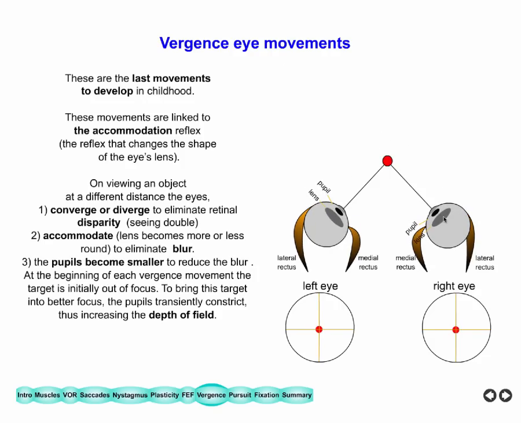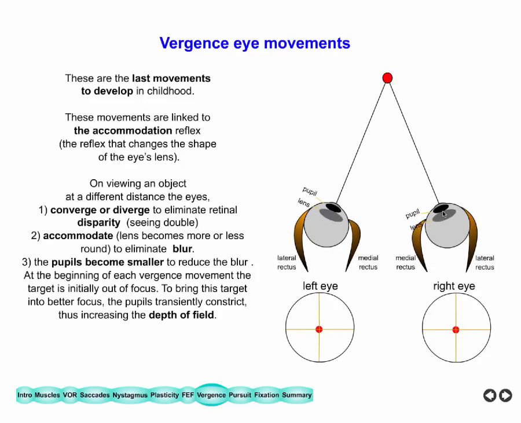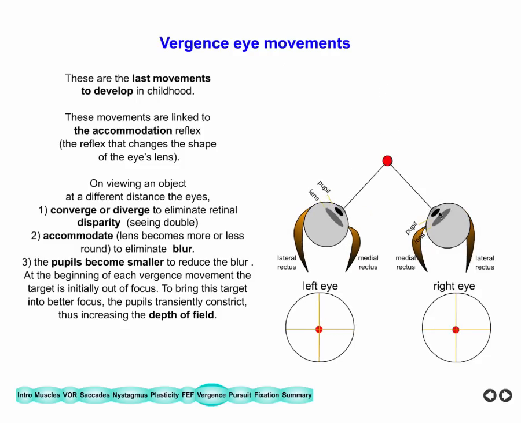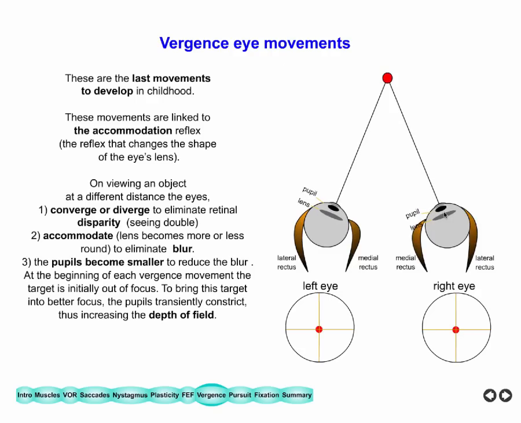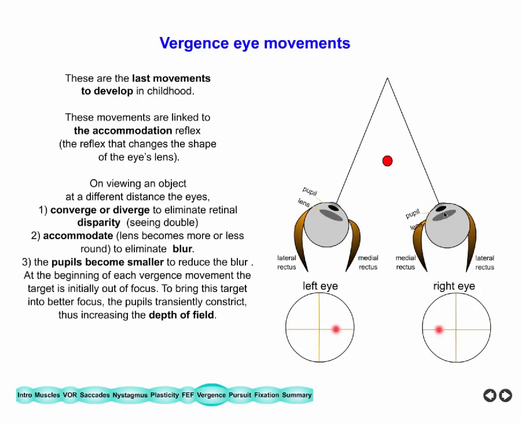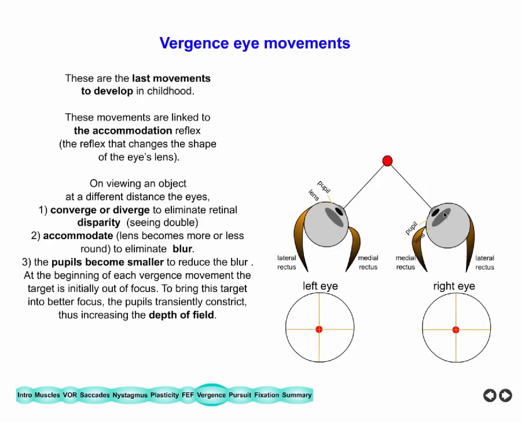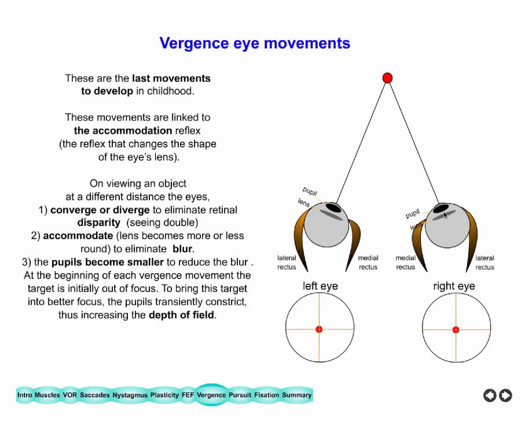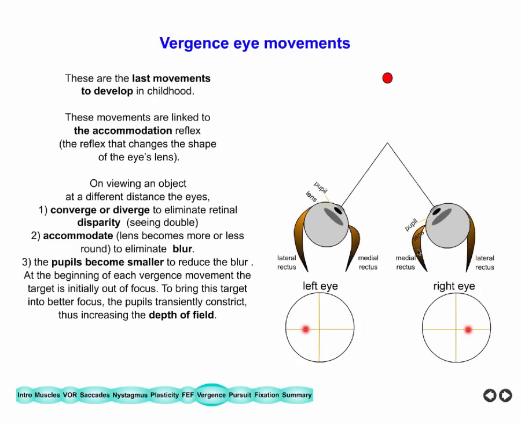But the other thing that you can see, this black thing here, is the size of the pupil. And at the beginning of each movement, it changes shape. Remember, if the pupil becomes small, it reduces the blur on the back of your eye. It makes whatever blur is there smaller. So all three things happen at once.